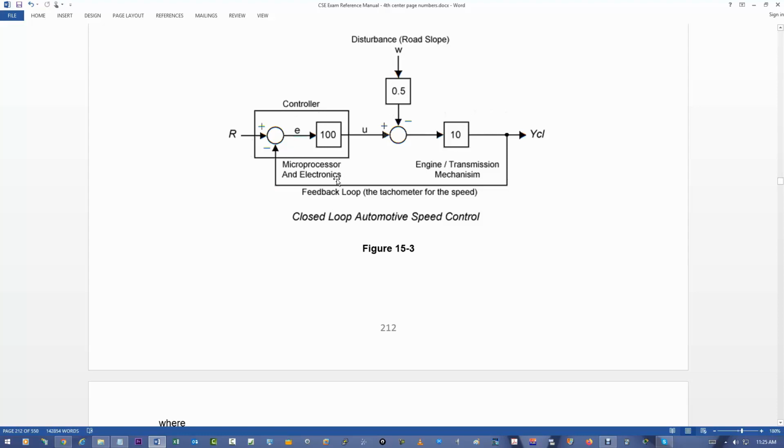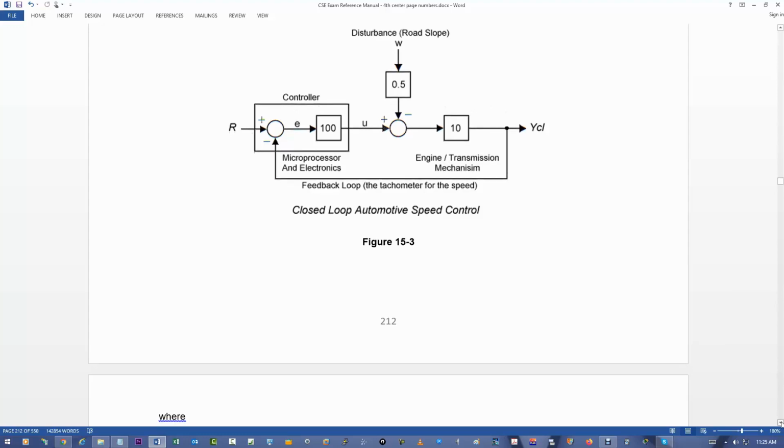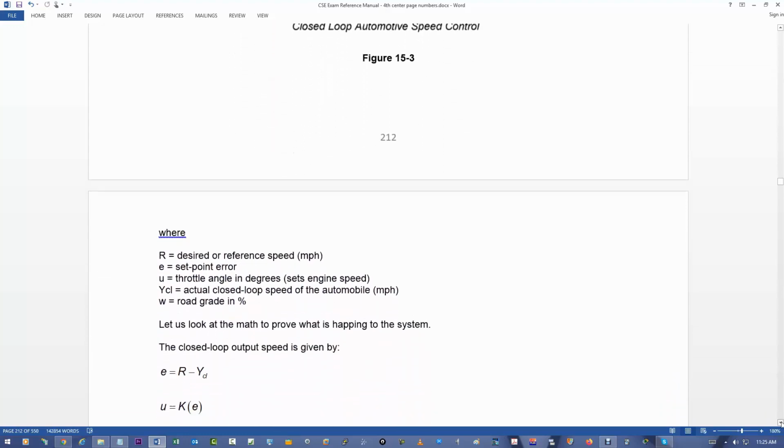And when we see this, we'll typically ignore the disturbance, set it to 0, and we'll just say when we see this loop, it's just KG over 1 plus KG. And that's what we're showing right here.